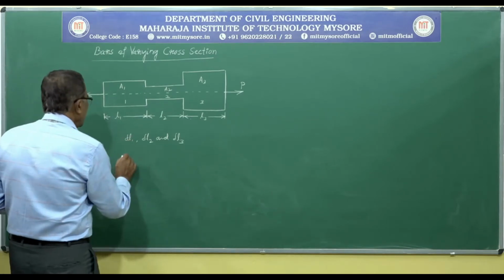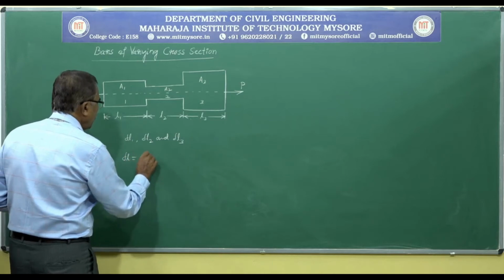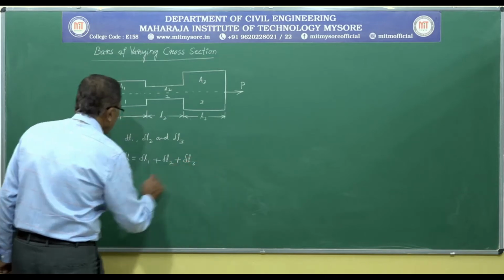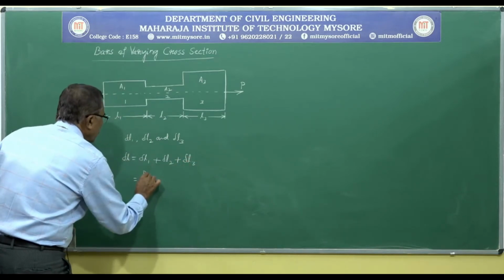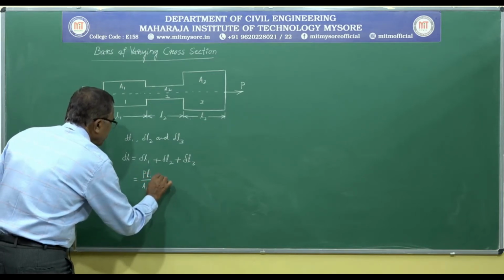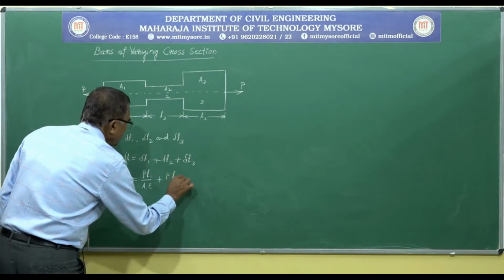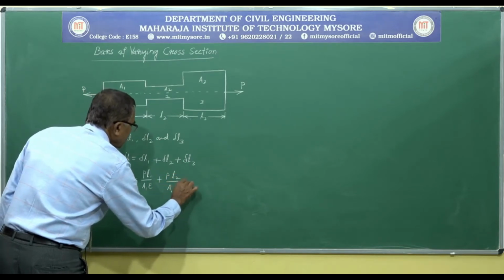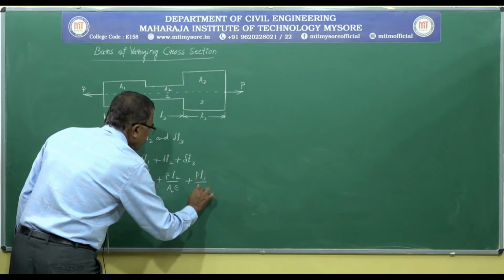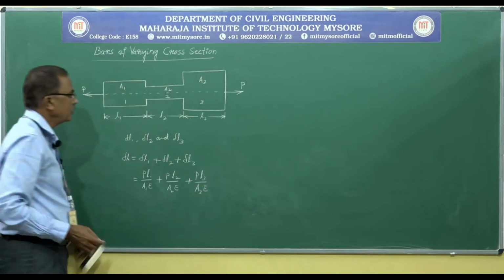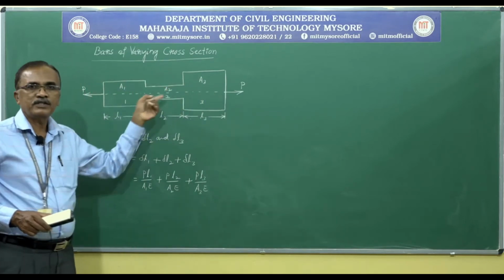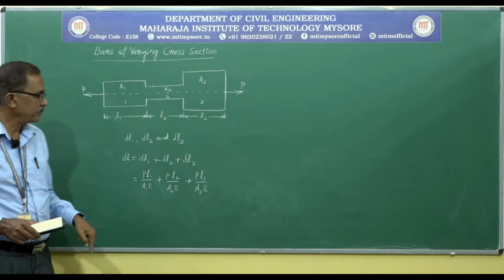Then the total change in length delta L is equal to delta L1 plus delta L2 plus delta L3, that is equal to P L1 by A1 E plus P L2 by A2 E plus P L3 by A3 E. Here we have assumed that the bar of different cross section areas is made up of the same material.